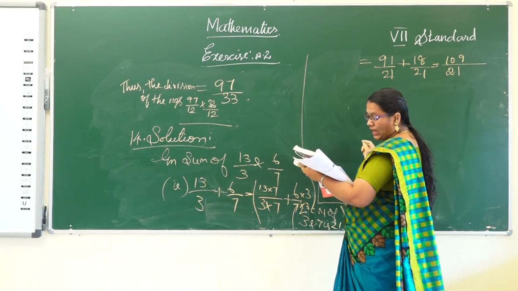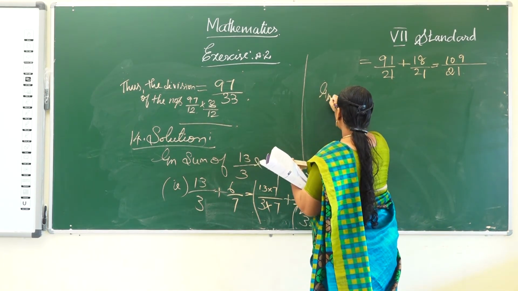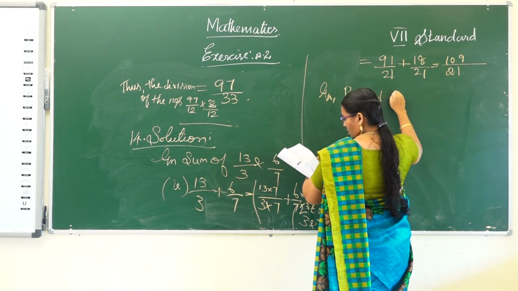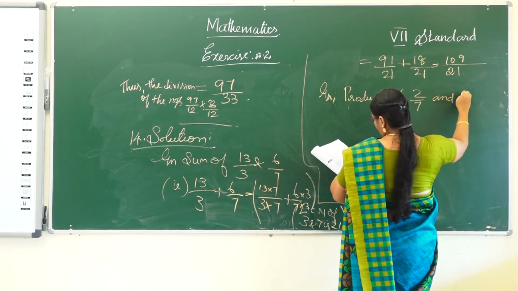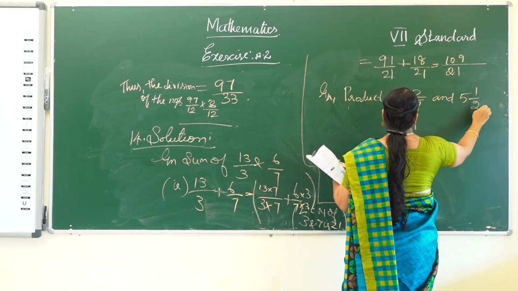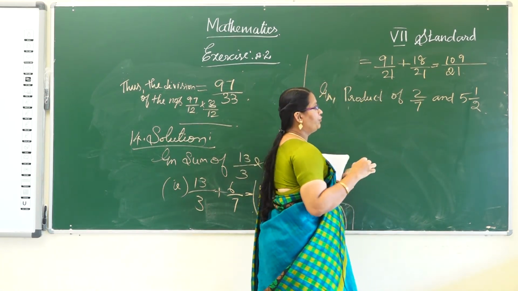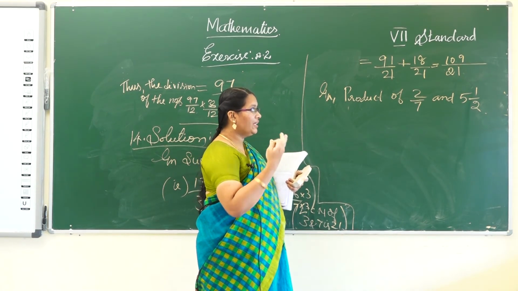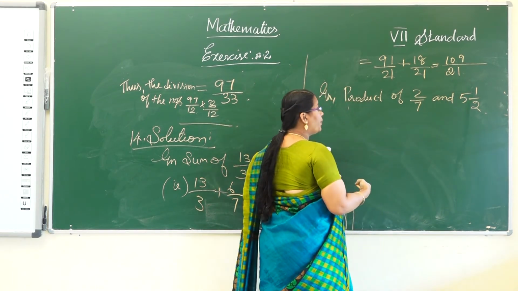And next, to find the product of the values. So given the product of 2 by 7 and 5 1 by 2. Okay, so the product of 2 by 7 and 5 1 by 2 means multiplying these two values. Here a mixed fraction is given, so you should change it to an improper fraction.